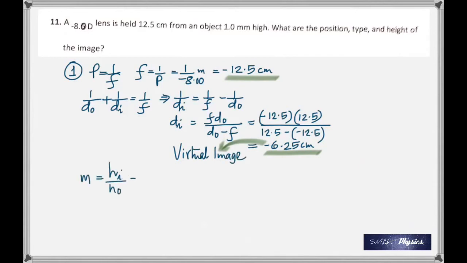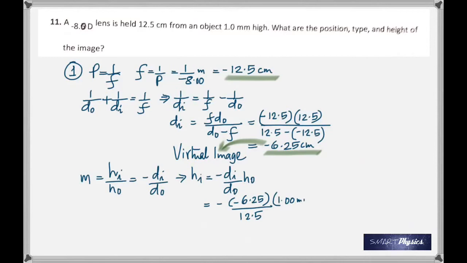The negative there shows it's a virtual image. To find the height, use the two formulas for magnification, put them together, make HI the subject, and you have the answer. The positive shows it's a virtual image and it's upright.